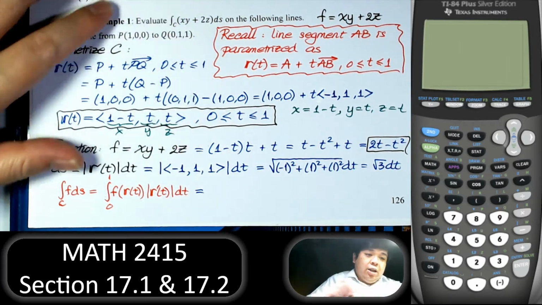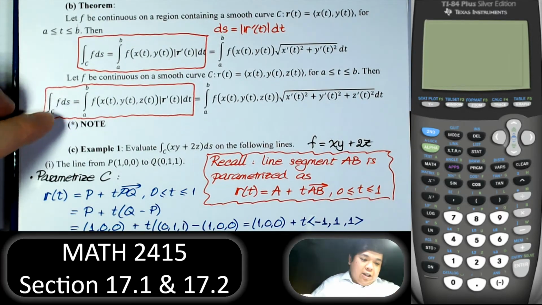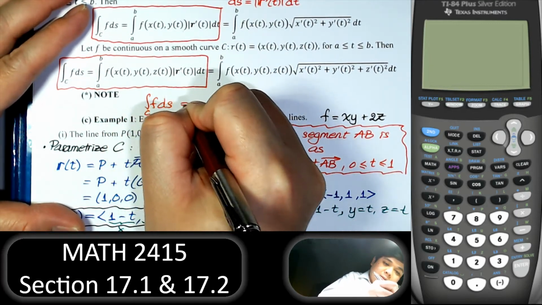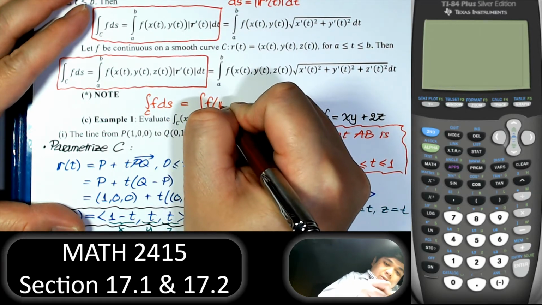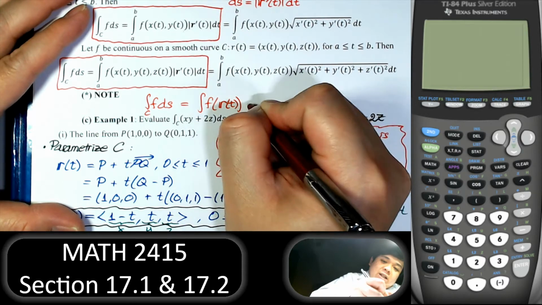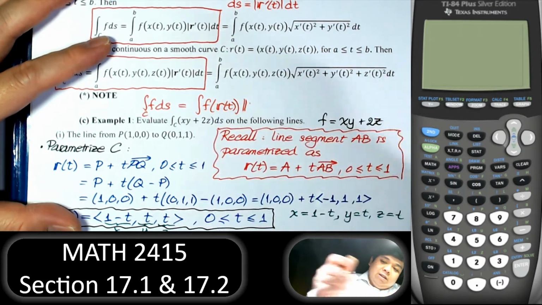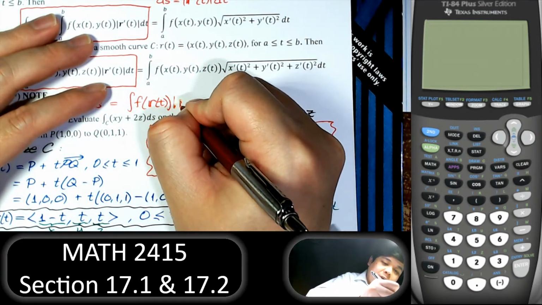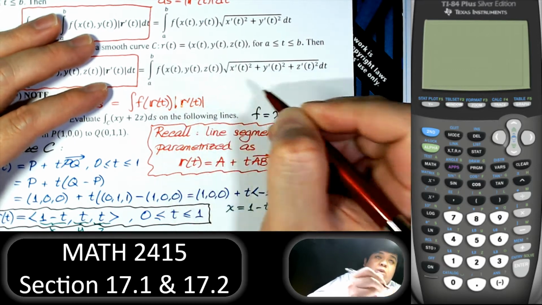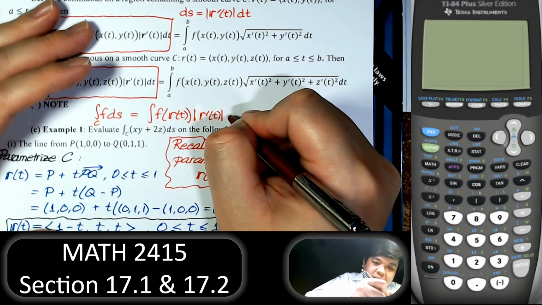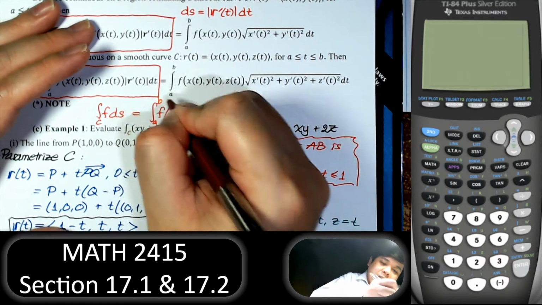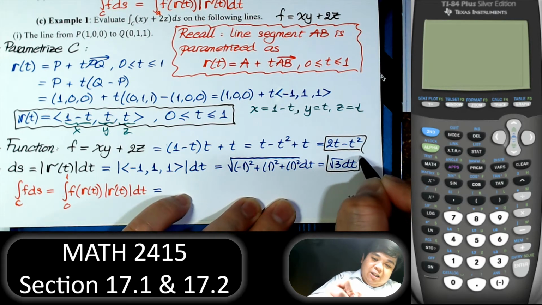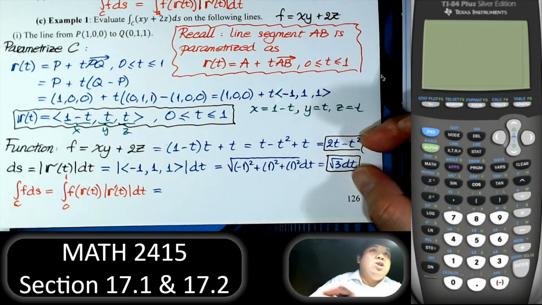So the note here I should write is: the function in terms of t, and then the magnitude of the derivative of r dt, going from a to b. So we have ds and the function.